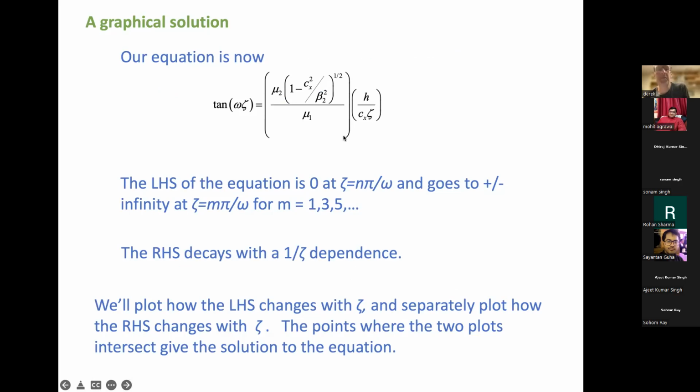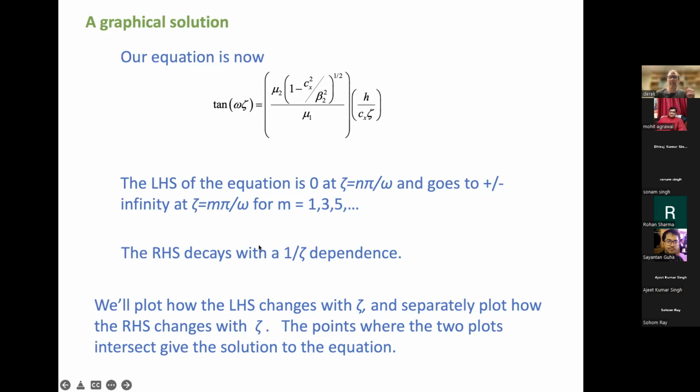And now we can pursue a graphical solution to this. So we can note that the left-hand side of the equation, the tangent term, is going to be 0 at zeta equals n pi over omega, and it's going to go to plus or minus infinity at zeta equals m pi over omega for m equals 1, 3, 5.